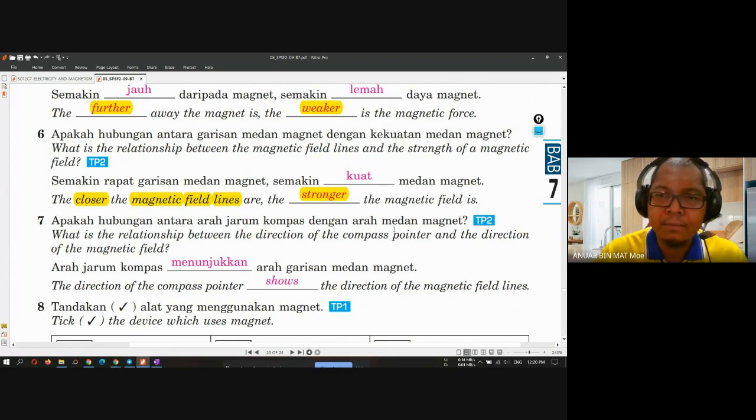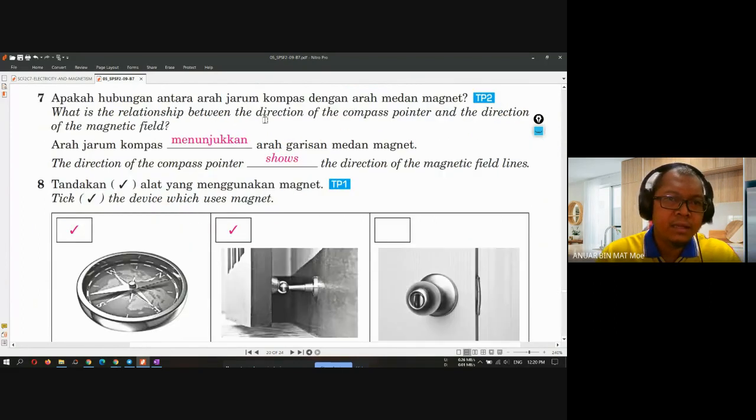Simple, right? Number 7, the relationship between the direction of the compass pointer and the direction of the magnetic field: the compass needle shows the direction of the magnetic field line.